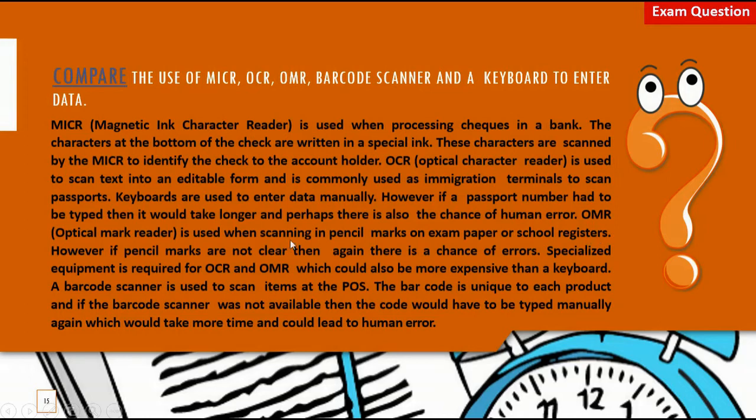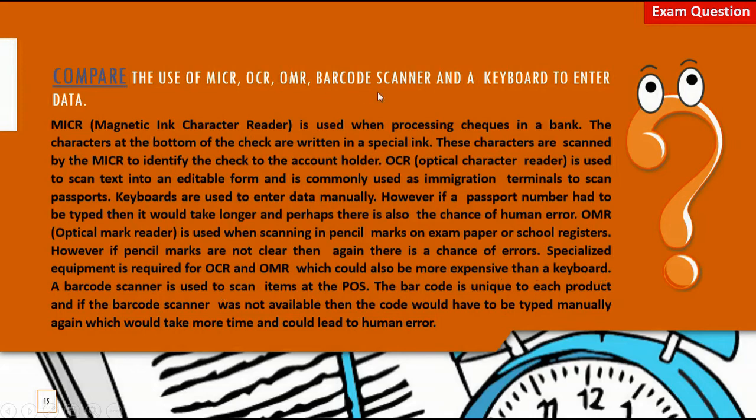OMR is good to scan pencil marks on exam paper or school registers, but if this mark is not clear, then you can have a chance of error again. And OCR, OMR, MICR, all of them require special equipment which can end up being more expensive than using a keyboard.